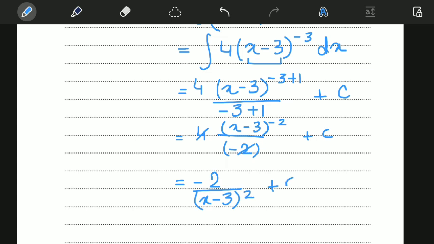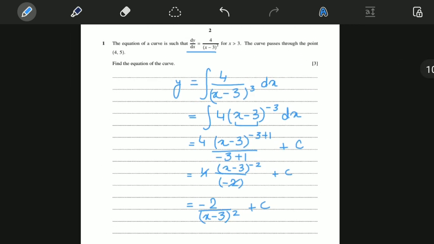Okay, plus c. Now how can we find the constant of integration? We are given that this curve passes through the point, so if we know the coordinates, we can put the values of x and y in the equation and we'll get c. So x is 4 and y is 5.